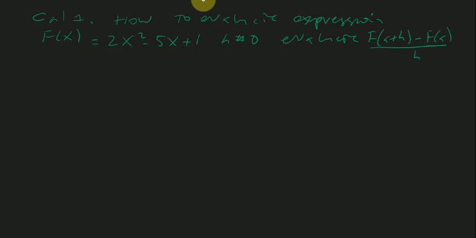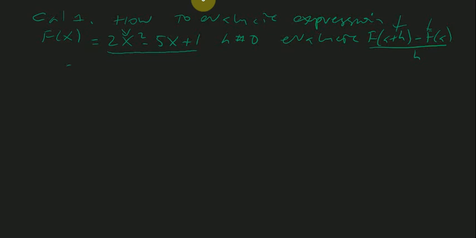Now to solve this expression, you have the variable x. You replace your x with a plus h, and also you replace your x with a. That's the game here.